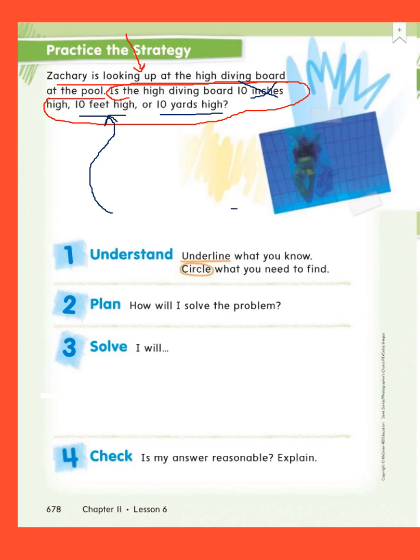Okay, so in this case, there would be two acceptable answers, but we know that 10 inches is impossible. Both 10 feet high and 10 yards high are possible, but this is probably going to be 10 feet high. 10 yards high would be if this were a very, very special diver, somebody who could compete at the Olympics or something like that. Okay, let's move on.